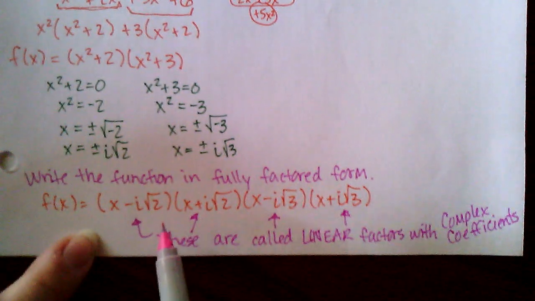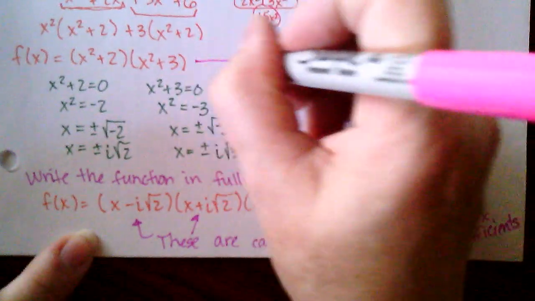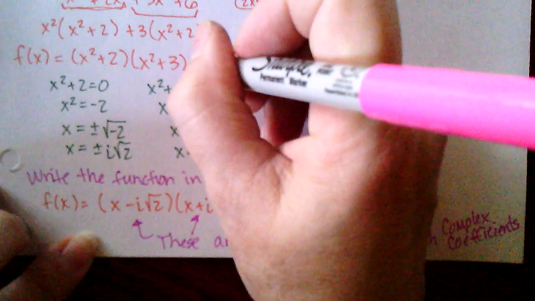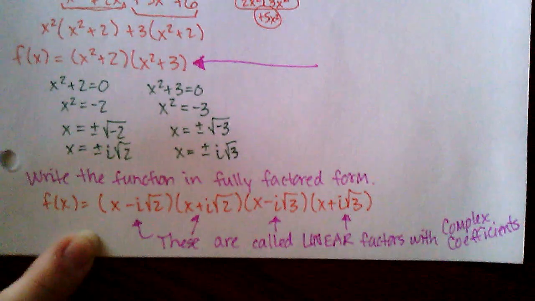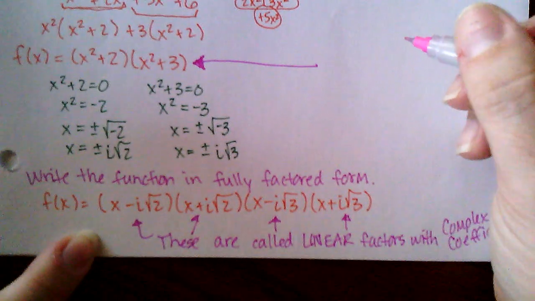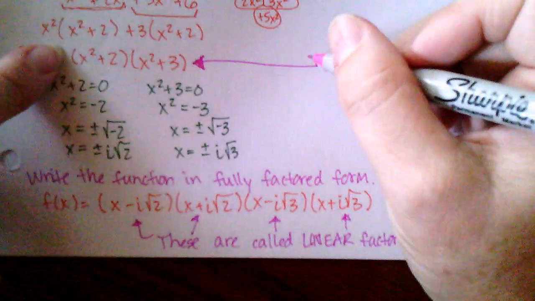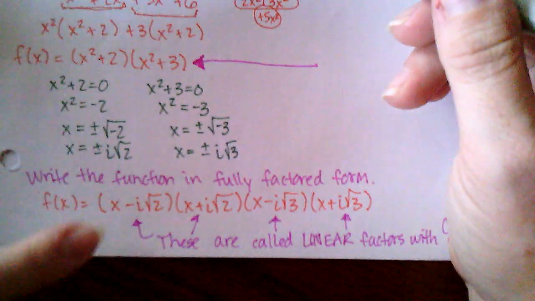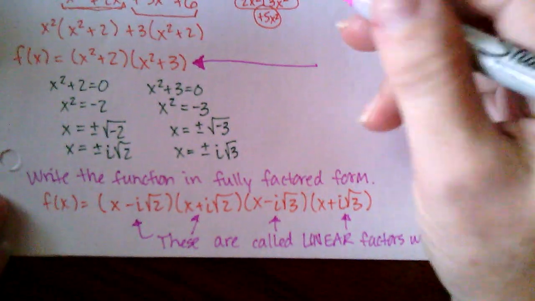If the problem is wanting you to factor over the complex number system, then that's where we would land. We would have these with i's in them. But if the question wants you to use real coefficients, then we would stop here, because the rest of the problem gives us imaginary numbers.